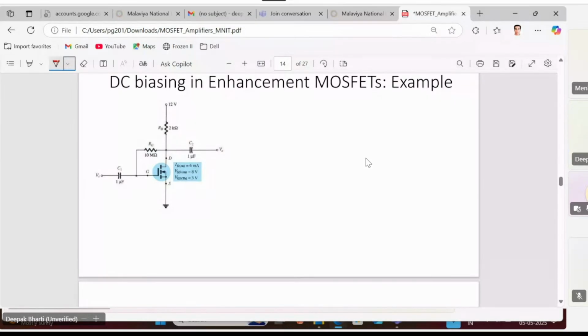So let's again write down the equation of the load line. No current flows from the RC.